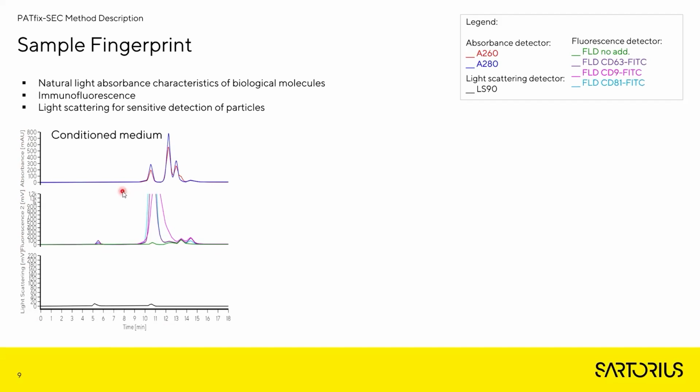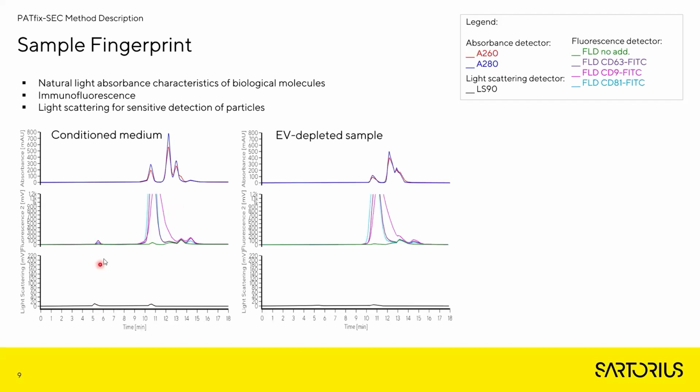In this case, I will show you a few chromatograms of different samples from purification process. At the beginning, we have a crude sample, conditioned medium. We can see quite a lot of proteins there. There are also some particles indicated by light scattering detector, but the amount of marker is really very low.